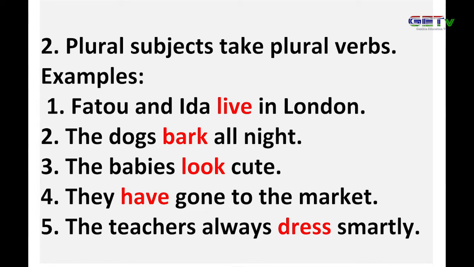Now we move on to example 3. The babies look cute. If you compare this example to rule number 1, you realize that in rule number 1, baby does not carry the inflection ies.